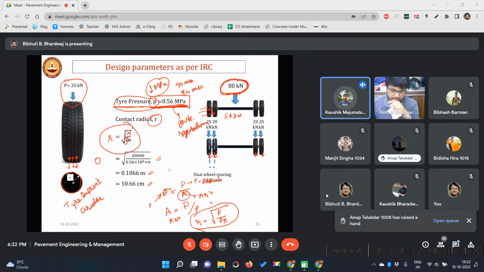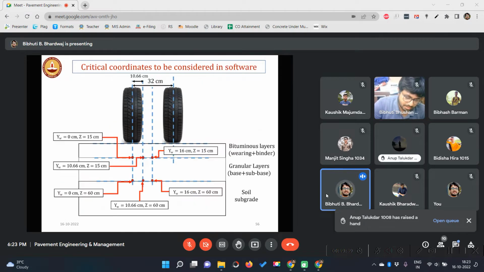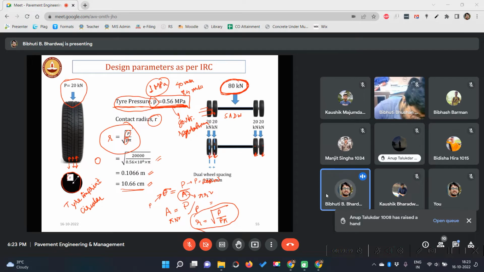It's 0.1066. Yes, sir. It's the same. Yeah. So you can write 10.66 centimeter. Now you see, these are the points I was talking about. So now we know that the tire imprint radius, this R, is not unknown. This is your 10.66.